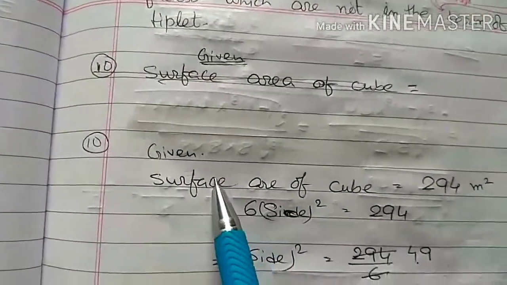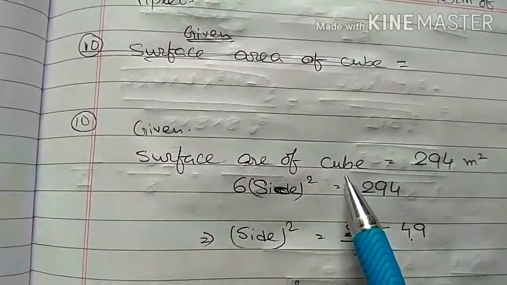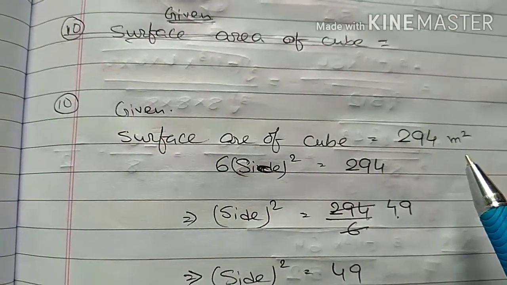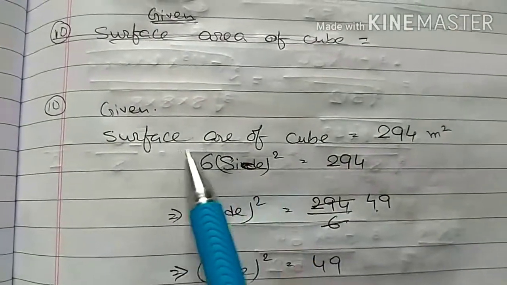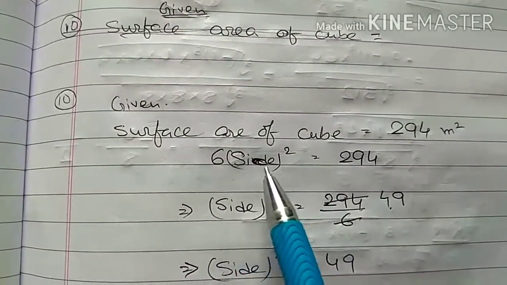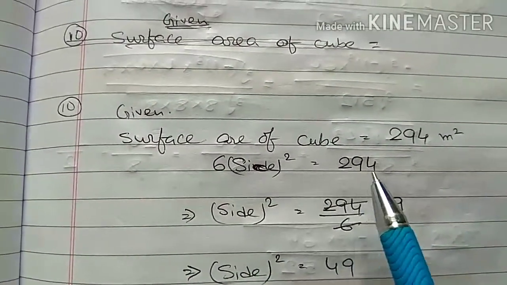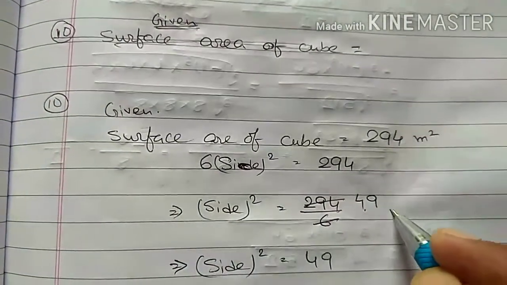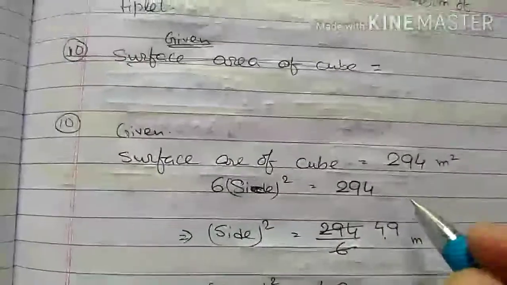Okay, so look here, given. What is given? The surface area of the cube is given, which is 294 meter square. The formula of surface area is equal to 6 into side square, which is equal to what is given, 294 meter square.